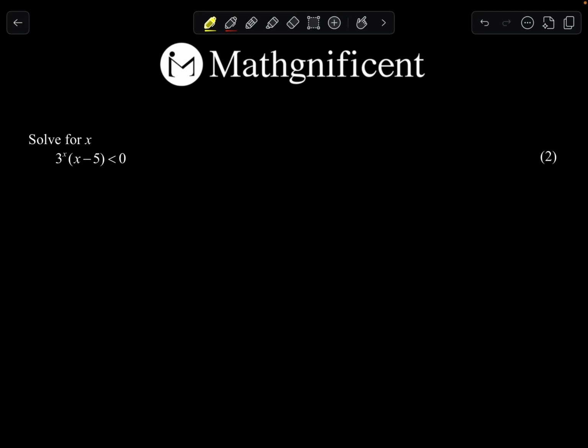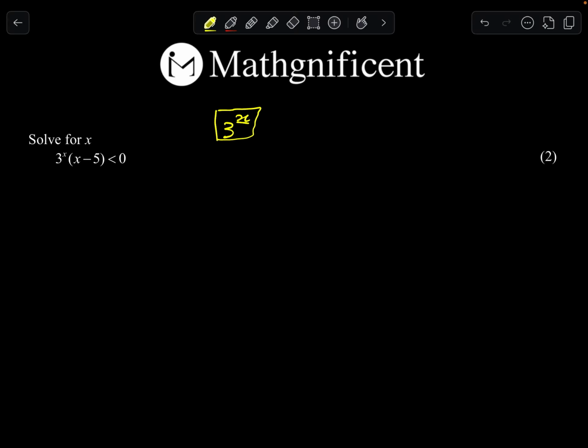In this case we have 3 to the power of x multiplying with x minus 5. One thing about 3 to the power of x is that it is always going to be positive, no matter what the value of x is.